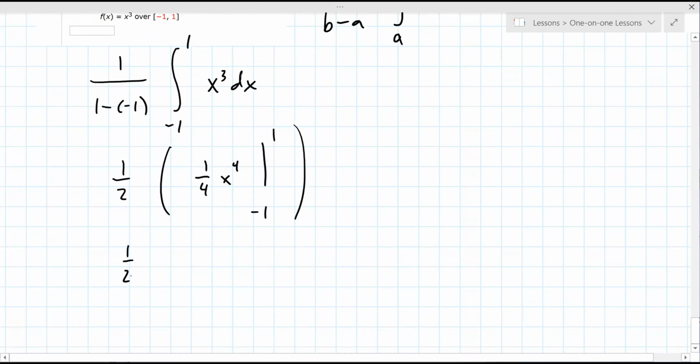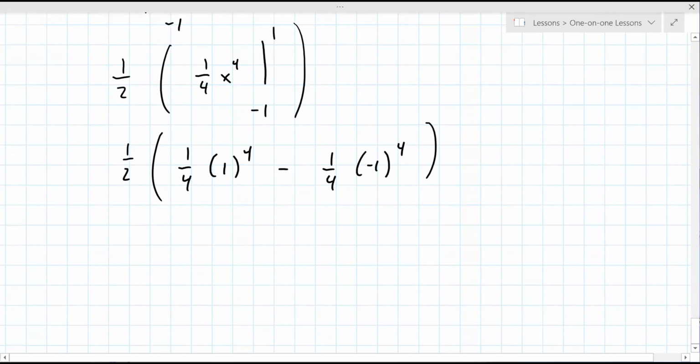So this becomes 1/4 times 1 to the 4th, minus 1/4 times minus 1 to the 4th, times 1/2. So the average value here, interestingly enough, is that this inside part becomes 0, so the whole thing becomes 0.